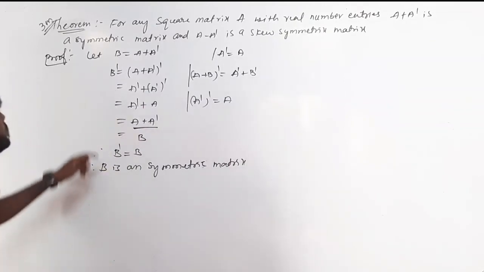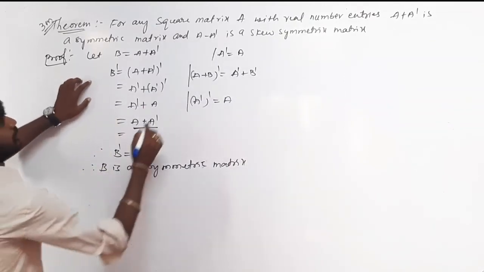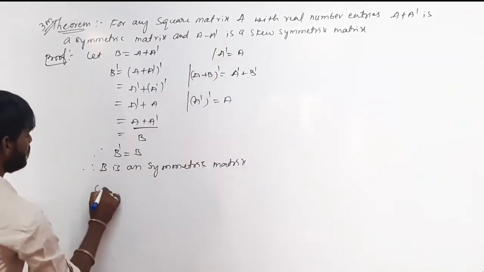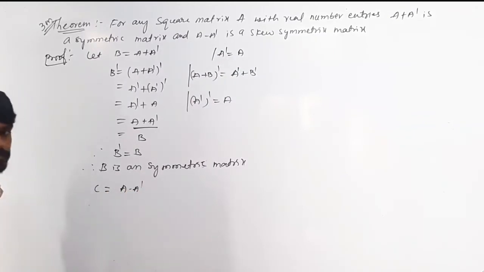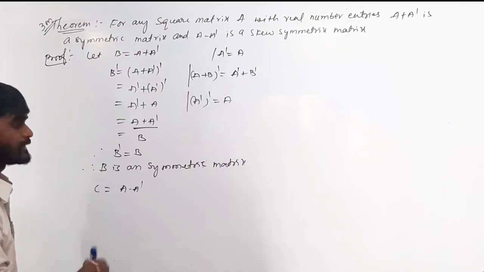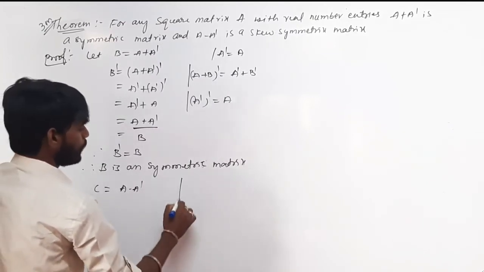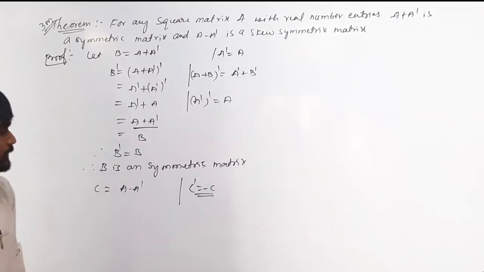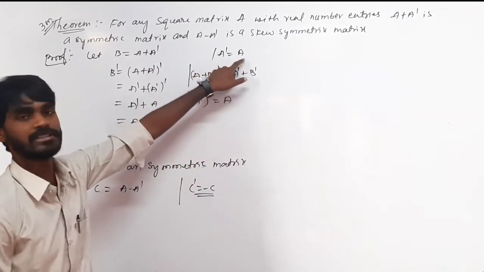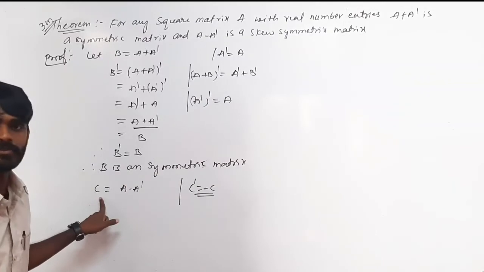Now we can take this A minus A dash as the C matrix. C is equal to A minus A dash. Same thing, for a skew symmetric matrix we have to prove C dash is equal to minus C. Symmetric means A dash is equal to A. Now I am taking A as a square matrix.